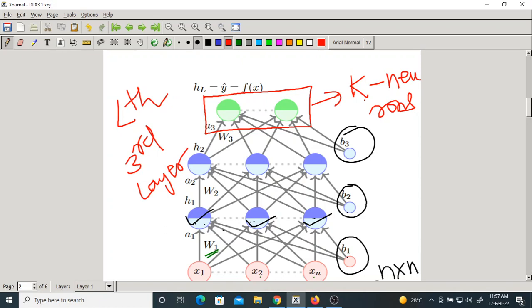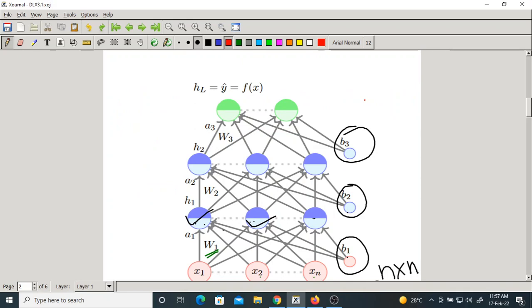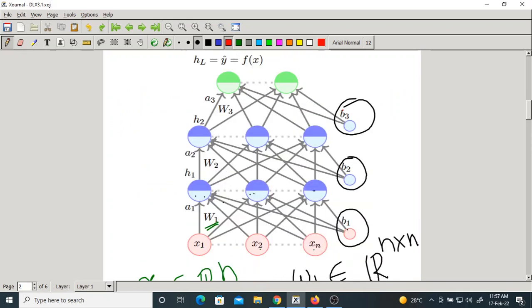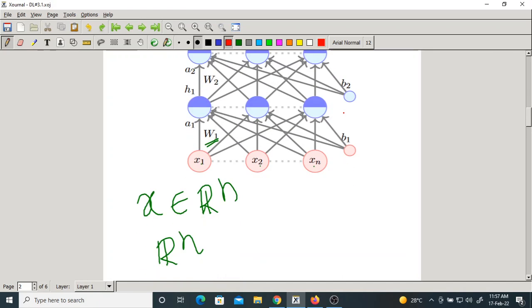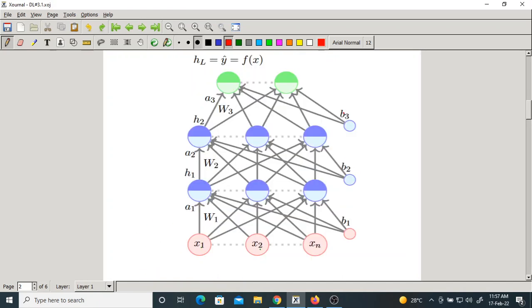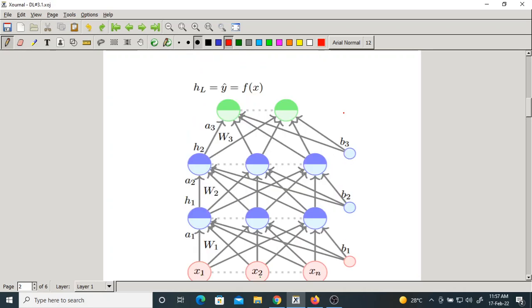You can see this very clearly from the figure. Now, what is W3? Each of the n neurons is connected to k neurons.